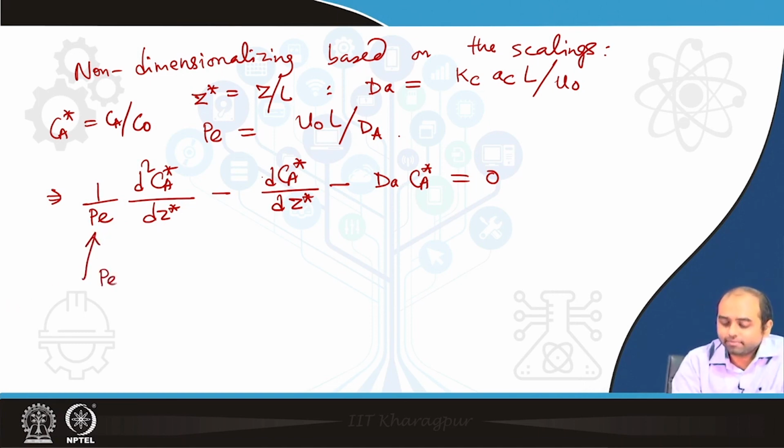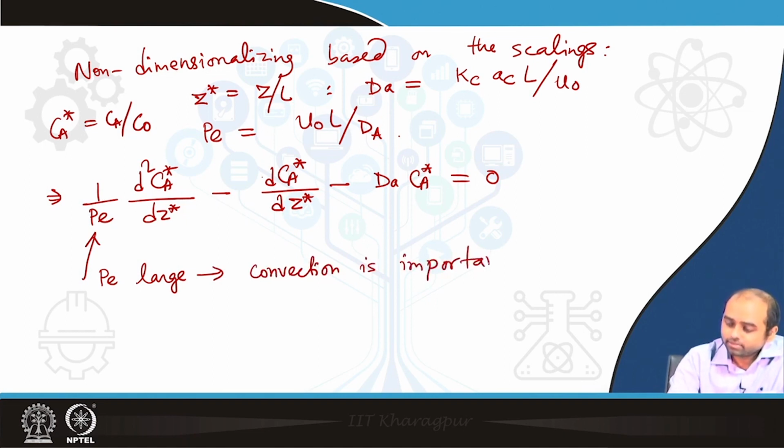Clearly, from the criteria of the Peclet number, we can see that if the Peclet number is large, convection is important for the problem, which is true for liquid systems.